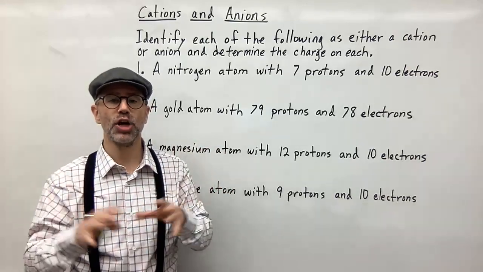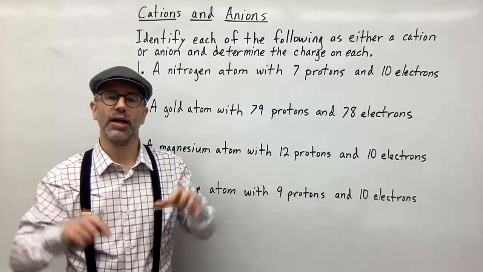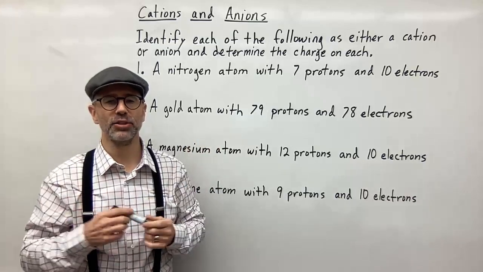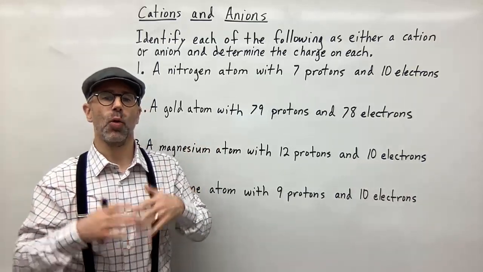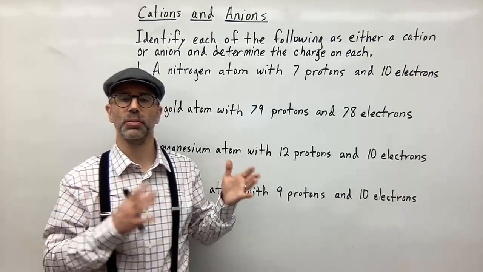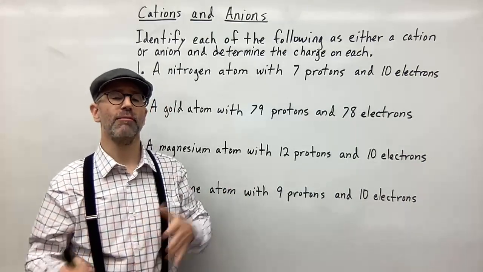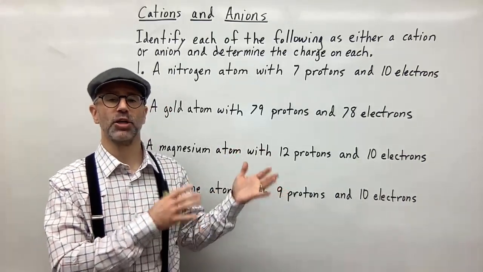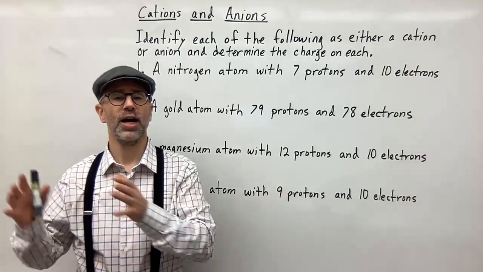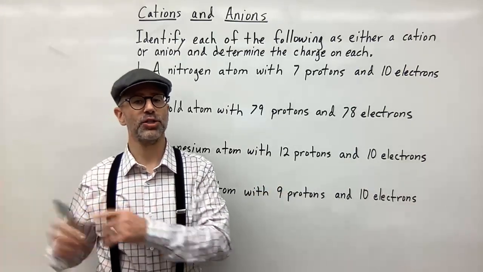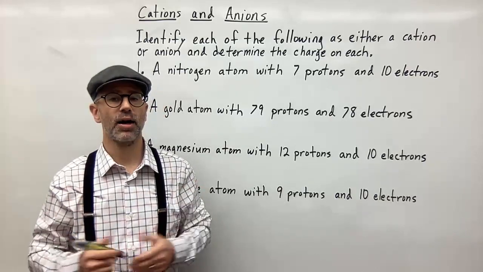There's going to be 0 charge. It's going to be neutral. But if there's an imbalance of protons and electrons, based on which one you have more of, you're either going to be positive or negative. If you have more protons than electrons, you're going to be positive. If you've got more electrons compared to protons, you're going to be negative.